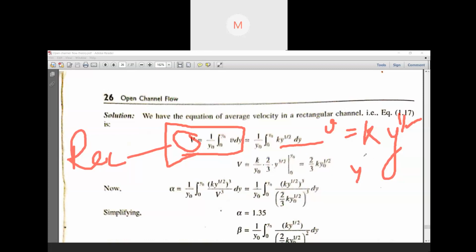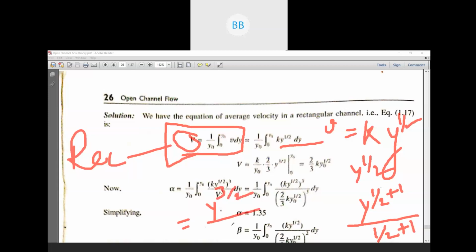If you integrate y to the power half, it will be y to the power half plus 1 divided by half plus 1. So it will be y to the power 3 by 2 divided by 3 by 2.